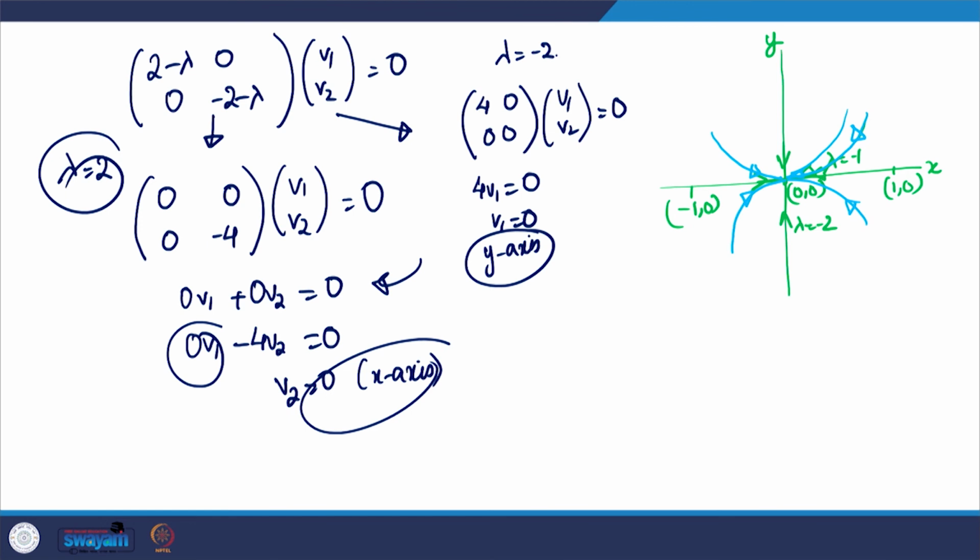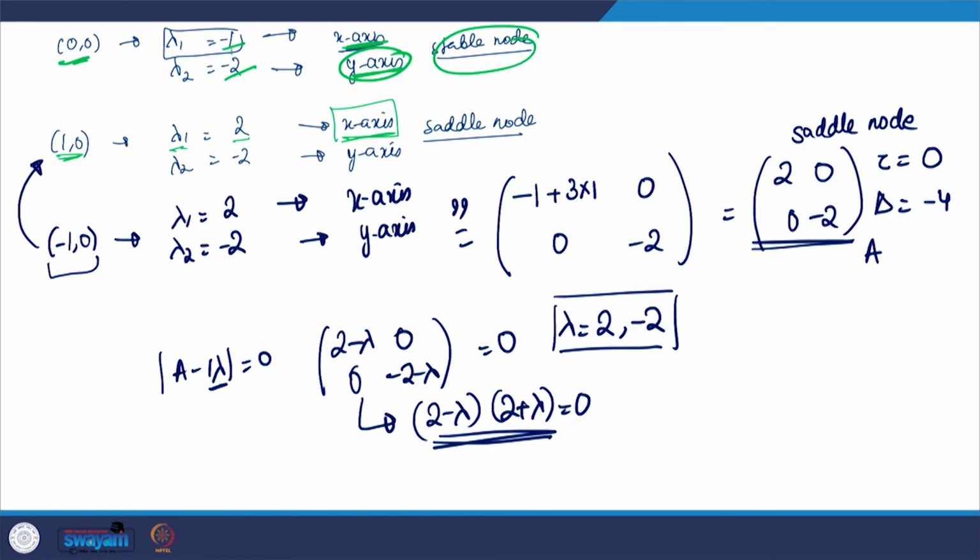Now let's draw at minus 1, 0. For minus 1, 0, the x-axis corresponds to the unstable eigenvector and the y-axis corresponds to the stable eigenvector. So x-axis unstable and y-axis stable eigenvector.